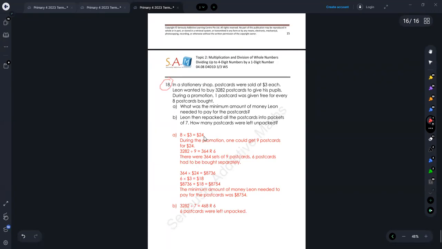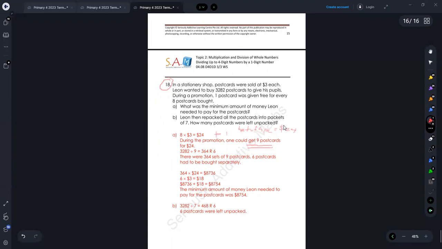So what it means is for $24, you are actually getting 9 postcards, because there's a plus 1. Essentially, 1 set of 9 postcards costs $24. What's the minimum amount of money Leon needed to pay for the postcards?